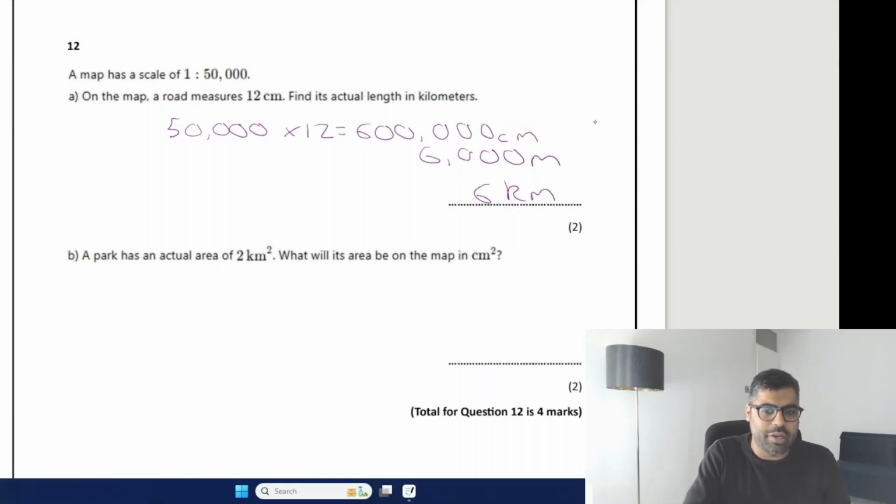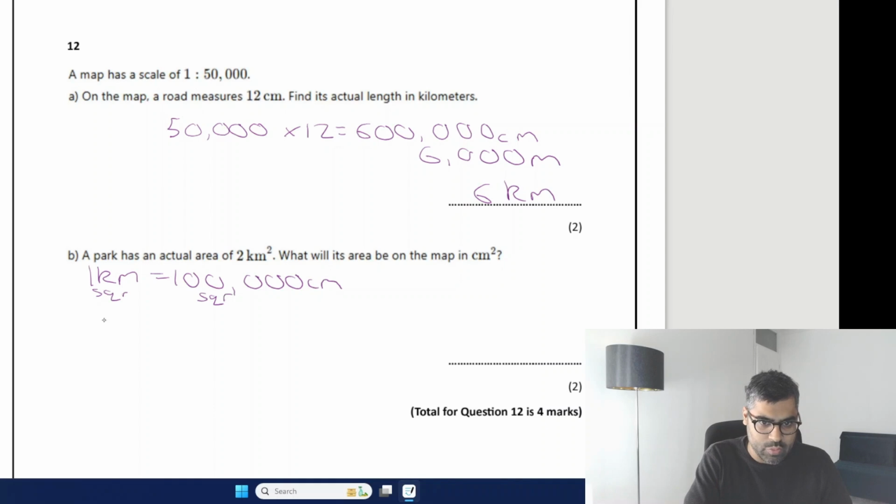So we're going to need to do a couple of things here. The first is to work out the real area in centimeters squared. They've given it to us in kilometers squared. So to convert 2 kilometers squared, the first thing we need to do is we know that 1 kilometer is equal to 100,000 centimeters. In order to work out how much 1 kilometer squared is, we just need to square both of these.